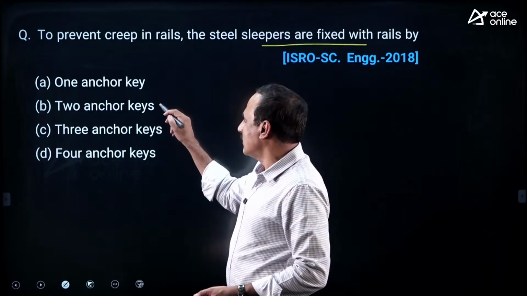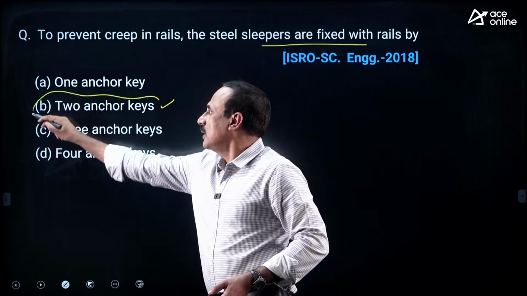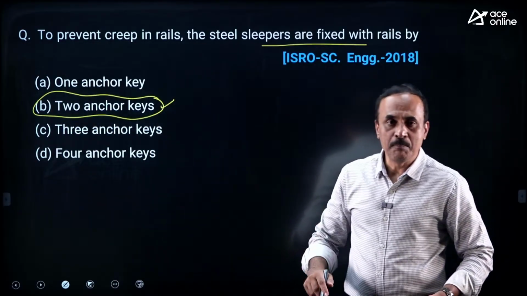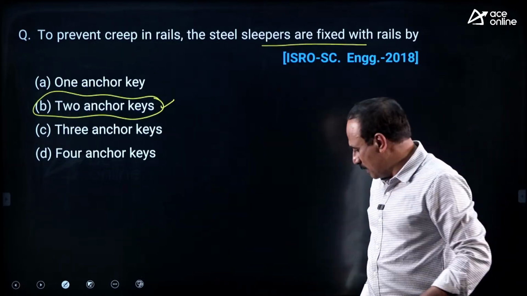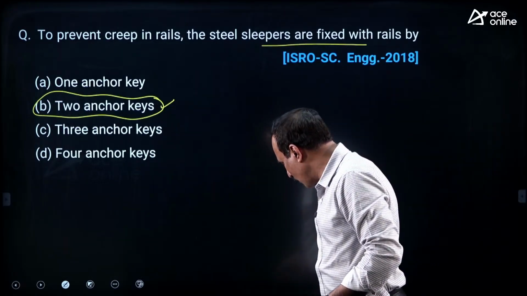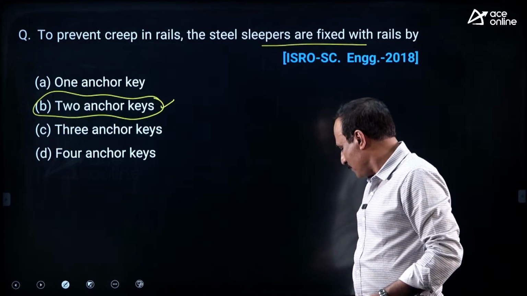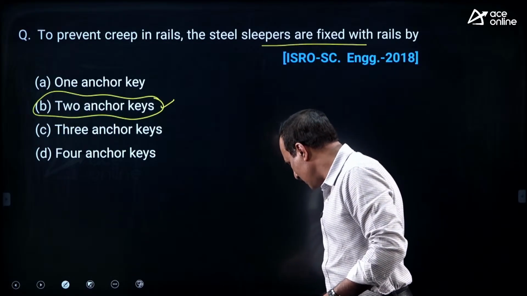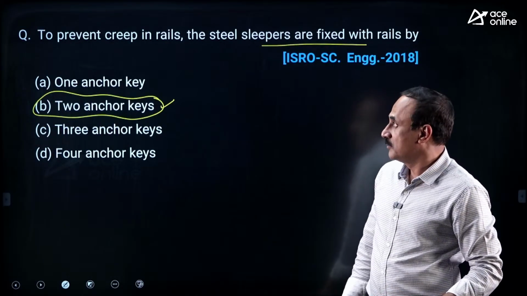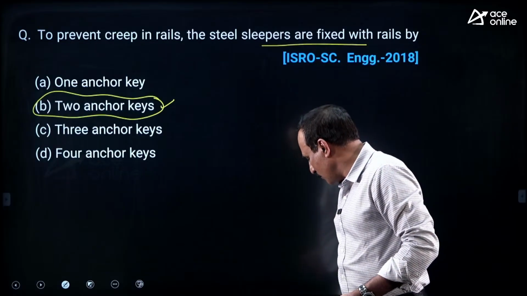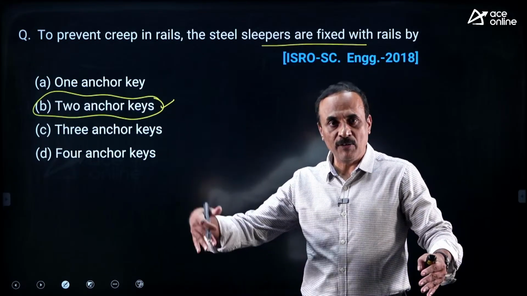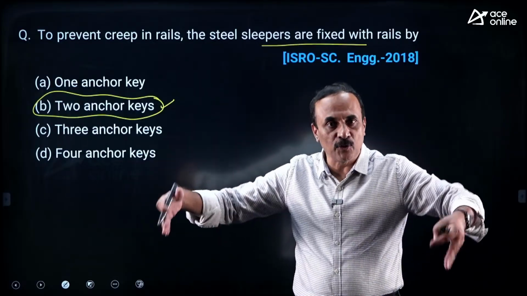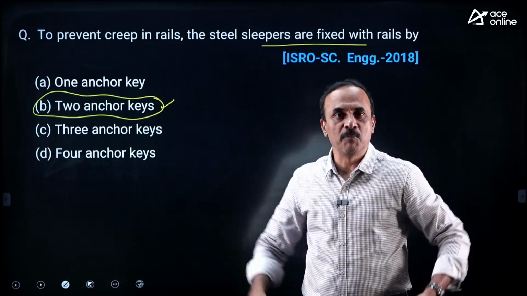Generally, 2 anchor keys are required to stop the creep, one to the right side rail, one to the left side rail. Minimum 2 anchors are required. So, Vicky perfect. Even Murali also correct. Not only Murali, Arvind also correct. So, 2 anchors are required, one for the left rail, one for the right rail, to stop the longitudinal movement of the rail.